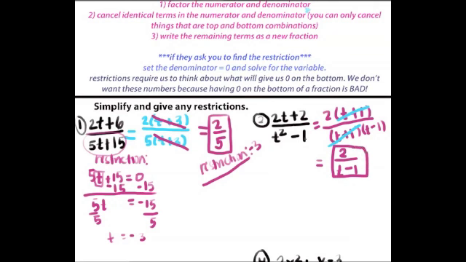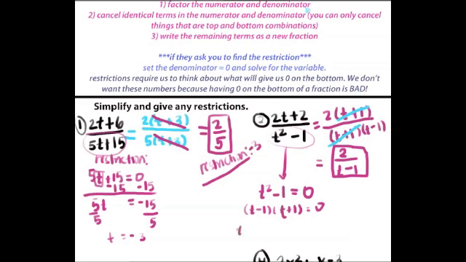To find the restriction, go to the original denominator, and then all you do is solve it. So t squared minus 1 equals 0. Remember, to solve this, we could factor this: t minus 1, t plus 1. Okay, and then to solve this, what would we do?